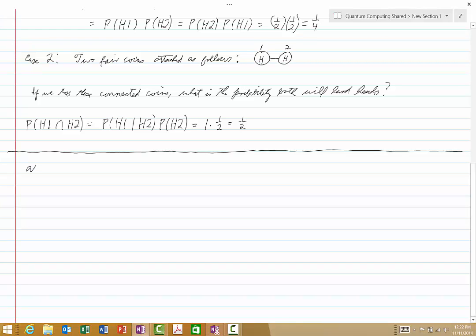So at a certain college, 60% of the students are female and 40% are male.